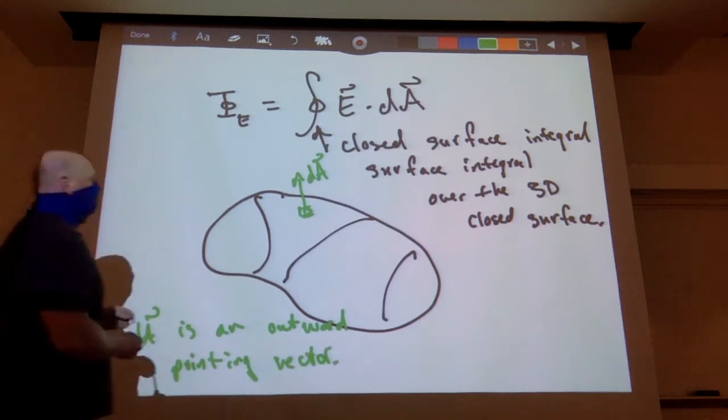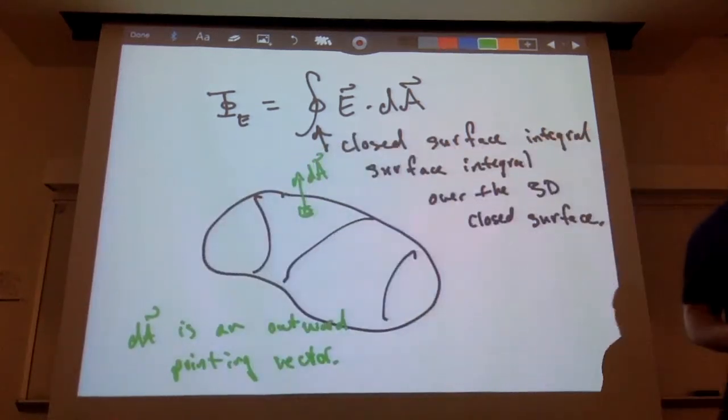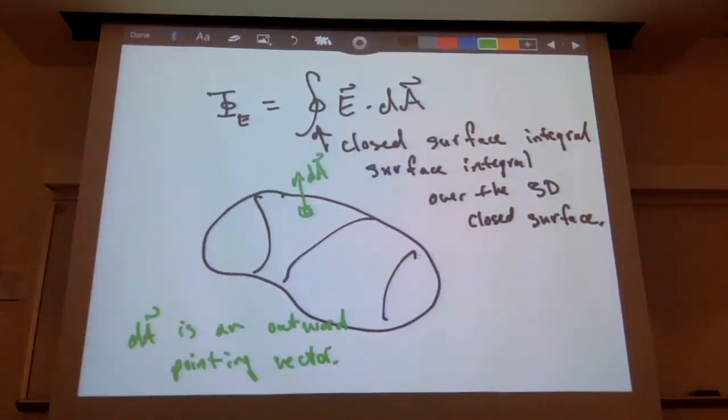So this is what we call the electric flux. So the electric flux is, again, the number of electric field lines which pass through a three-dimensional object, so through the surface of a three-dimensional object.